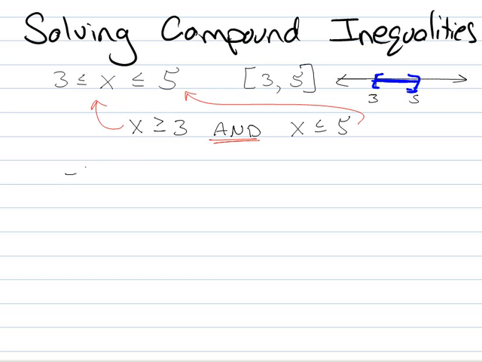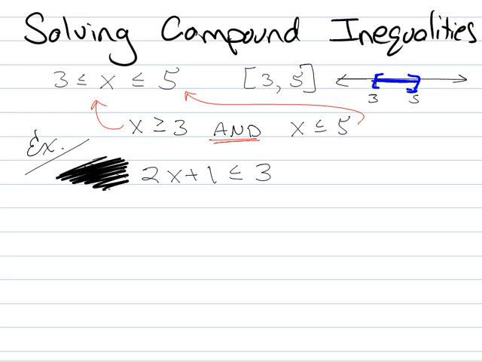Anyway, whenever we're solving these problems, we're going to be given something like this: -3 less than or equal to 2x plus 1 less than or equal to 3. The way you do this is you pretend that one part of it doesn't exist.